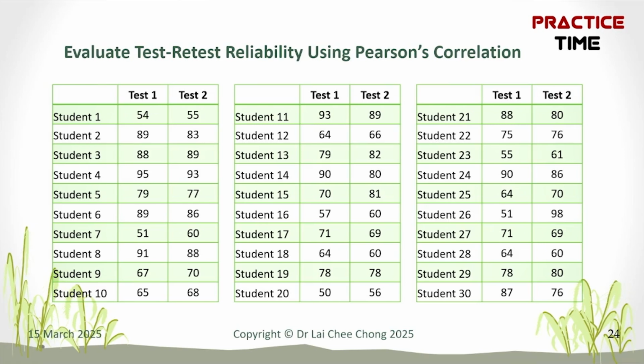I'm using the second test as a tool to establish the reliability of my first test. You follow me? That's the whole idea. Because I set the test, I must know how good my test is, how reliable it is. It's like a tool to measure how good it is.